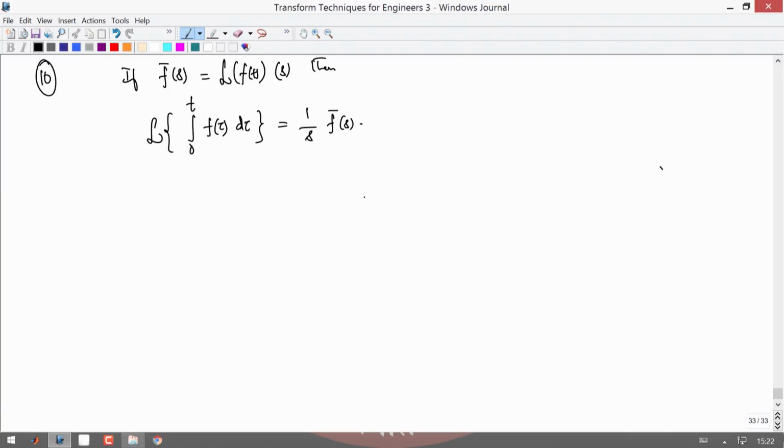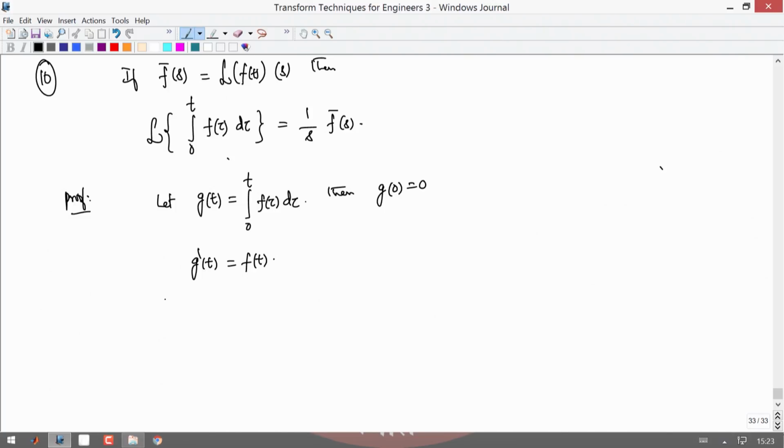So, how do we prove this one? This is easy. Let g of t be the integral from 0 to t of f of tau d tau. Then g of 0 is 0, it is clear, and g dash of t is f of t. What we want is the Laplace transform of g of t.